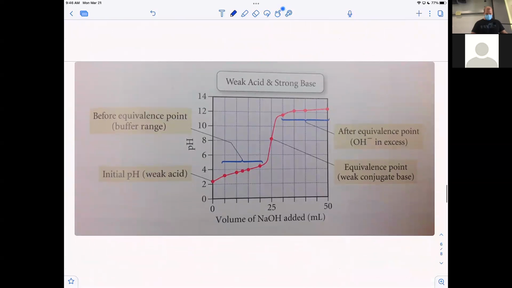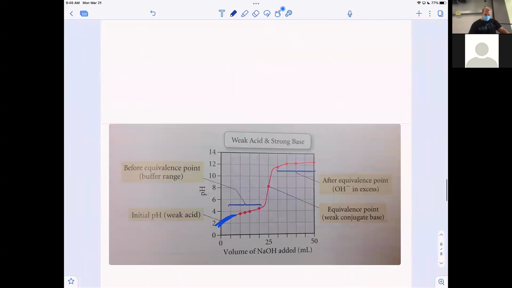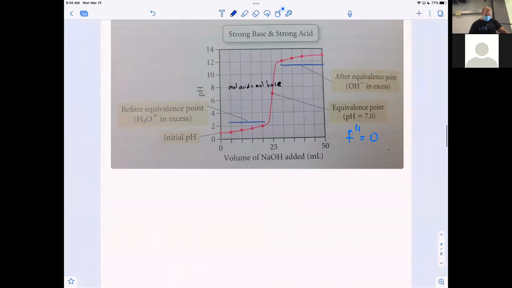So let's talk about a weak acid and a strong base. Weak acid, strong base, the same idea. pH is the y-axis. Amount of base added is the x-axis. And interestingly enough, for a weak acid, you have an initial sharp rise, and you don't really see that if you look back at the strong acid.